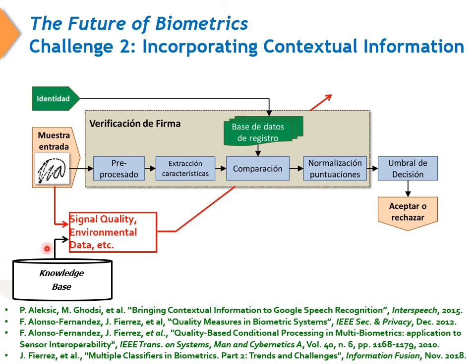There are some methods to do that, but the final performance of a biometric system will depend heavily on that. If we just fix everything and put the system to work, if we have some deviation of the sensor, of the environment, then the performance will be degraded significantly. So we have to adapt with that.